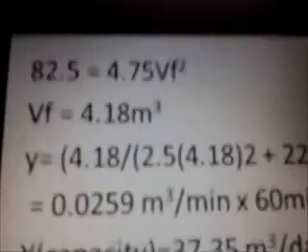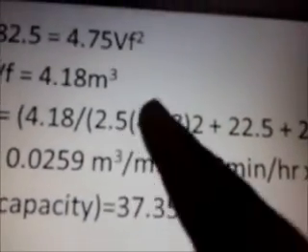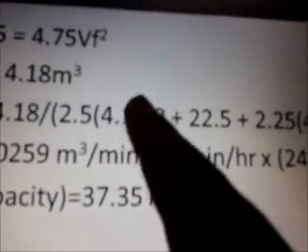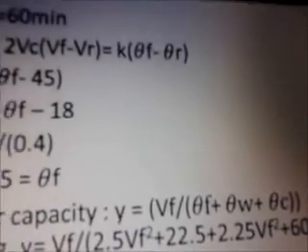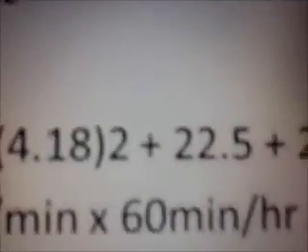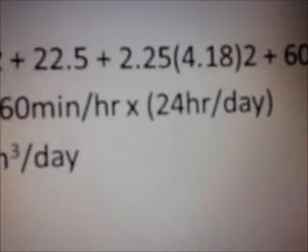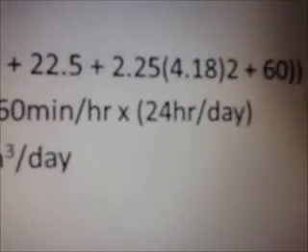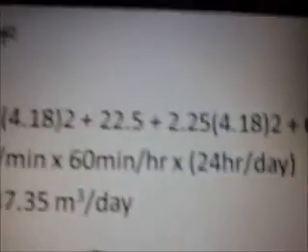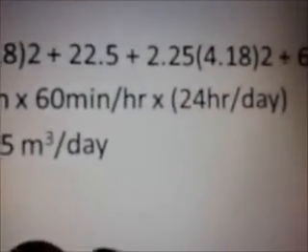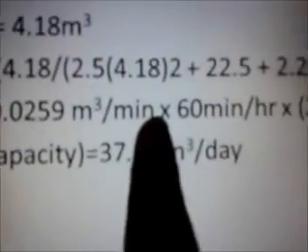So 4.18 meter cube divided by 2.5 times 4.18 raised to 2 plus 22.5 plus 2.25 times 4.18 raised to 2, plus 60. So the answer here is 0.0259 meter cube per minute.